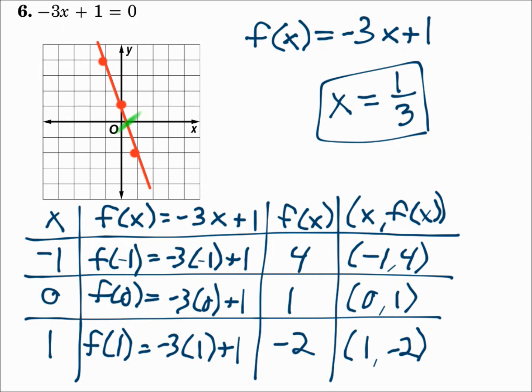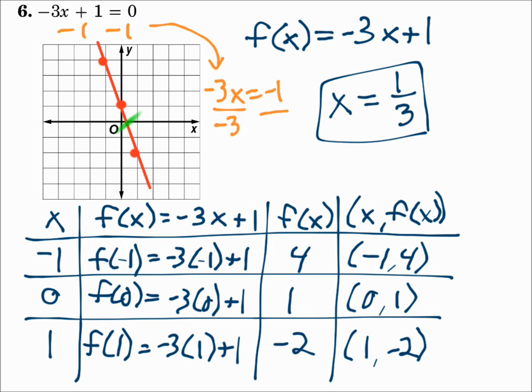And the reason I know that's 1/3 is because I solved the original equation just to make sure. If you look at it, negative 3x plus 1 equals 0. You can subtract 1 from each side, giving you negative 3x on the left and negative 1 on the right.